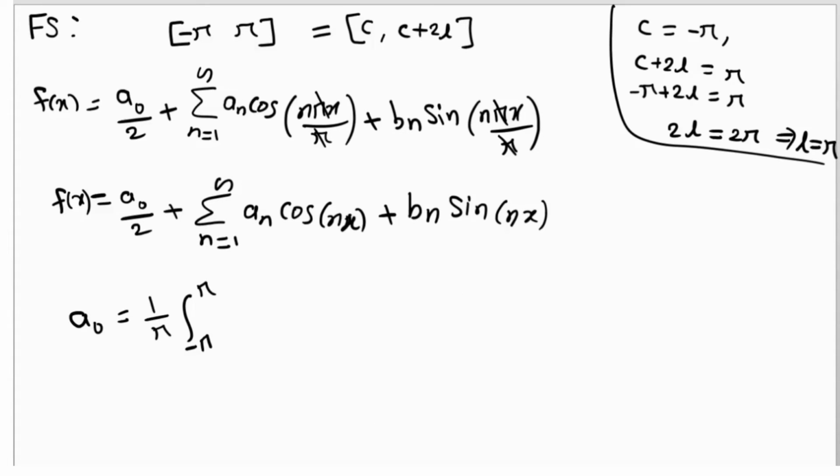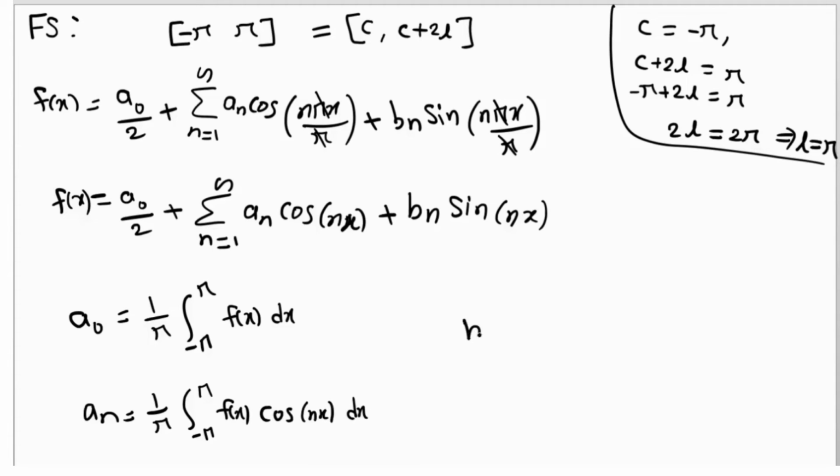So here a0 is 1 upon pi integral minus pi to pi f of x dx, and an is 1 upon pi integral minus pi to pi f of x into cos nx dx, and bn is 1 upon pi integral minus pi to pi f of x into sin nx dx.